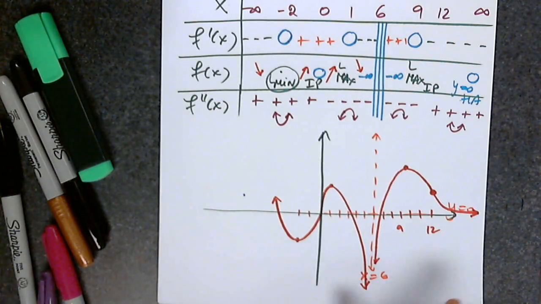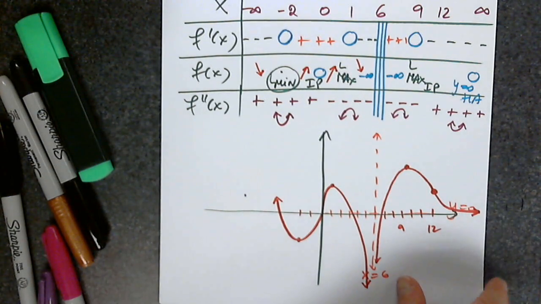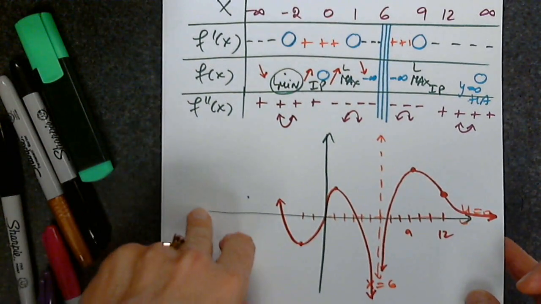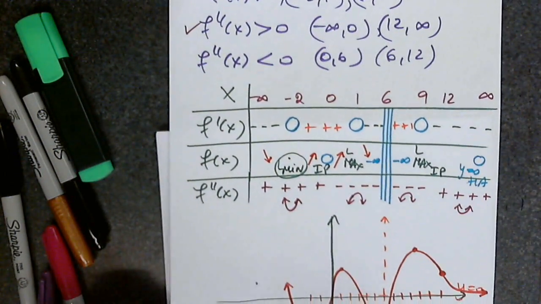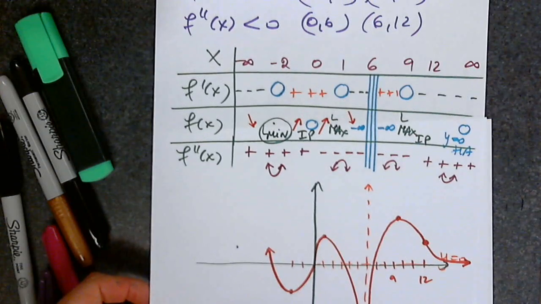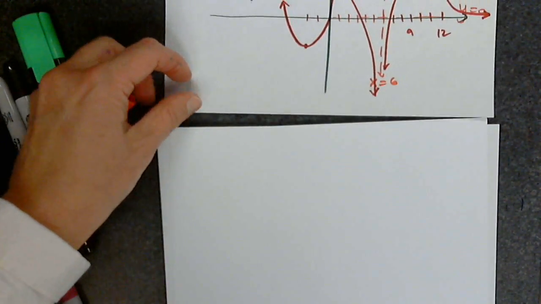Okay. I want us to go through all the steps of graphing for problem 22 on the same page. Any questions on this? Do we understand how this problem should be addressed? Okay.